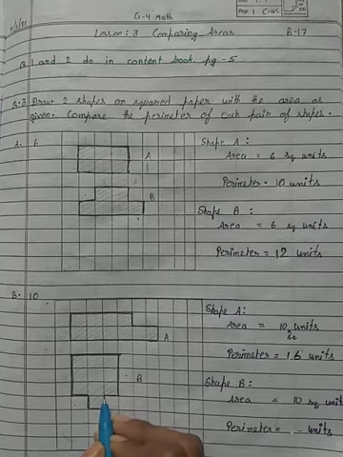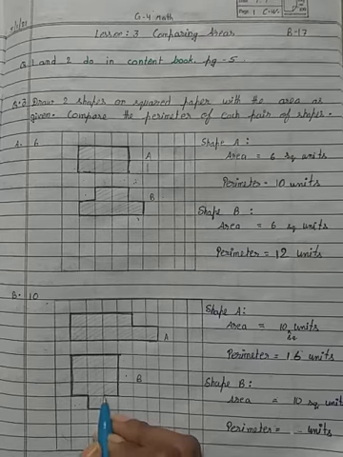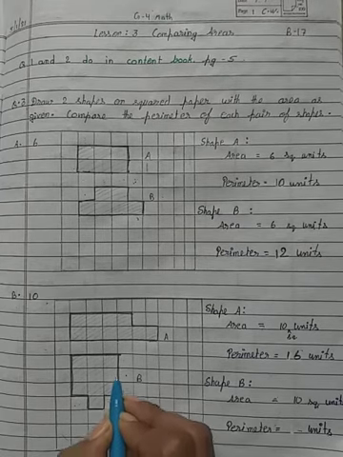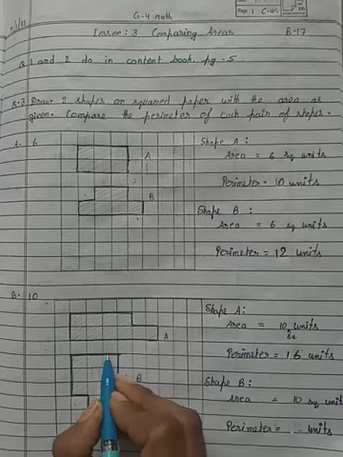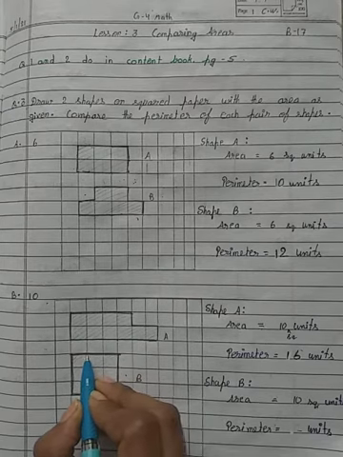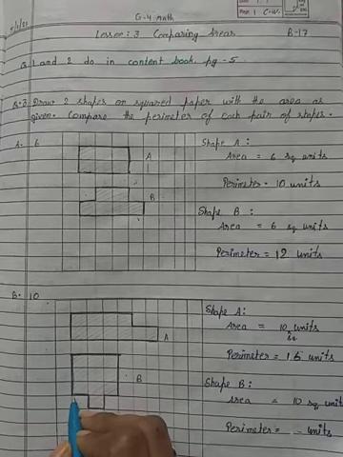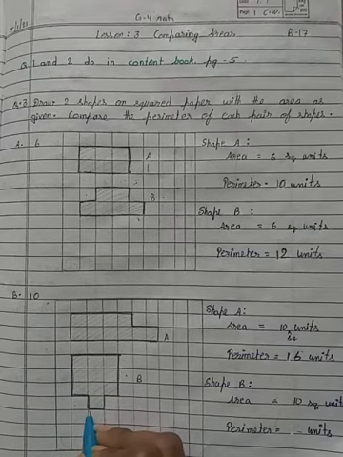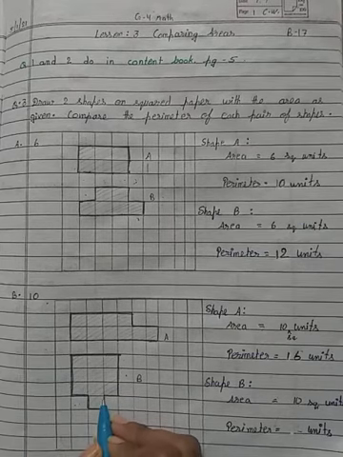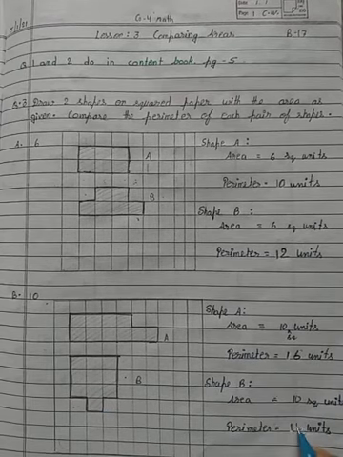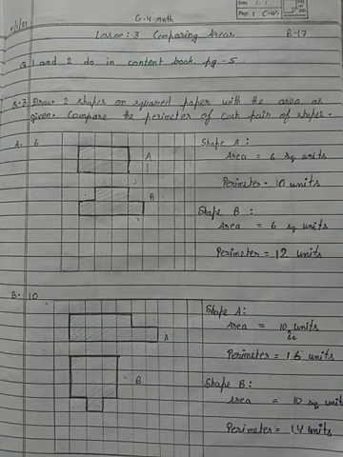Again we count 1, 2, 3, 4, 5, 6, 7, 8, 9, 10, 11, 12, 13 and 14. What is the perimeter? 14 units.